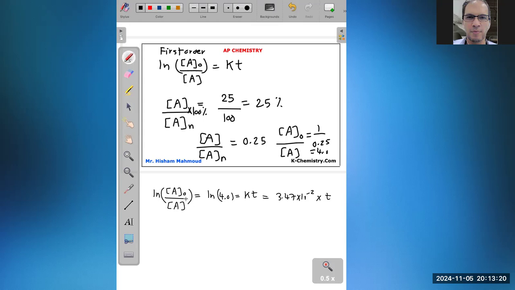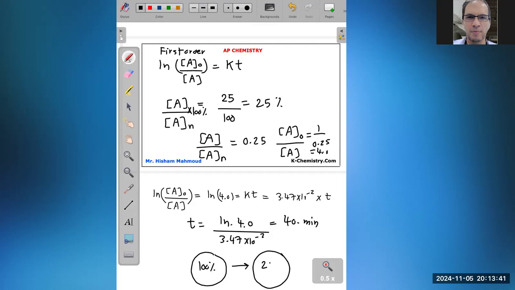So you can simply say that t بتساوي ln the 4 divided by 3.47 multiplied 10 to the power of negative 2 هيطلع عندي 40 minutes. السبستانس بتاعتي علشان توصل من الكونسنتريشن 100% وتنزل تبقى 25% بس، 75% منها تحول لبرودكت، خدت 40 minutes.